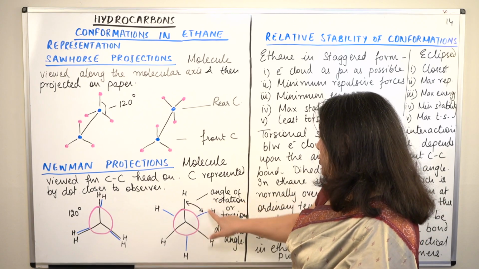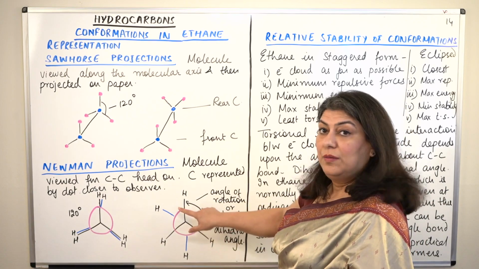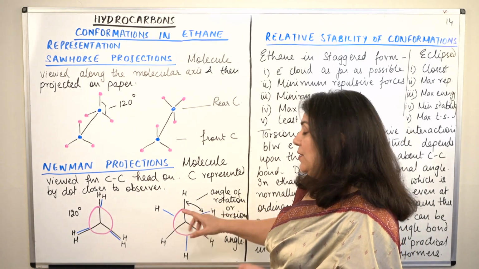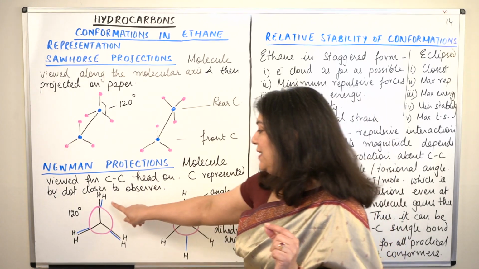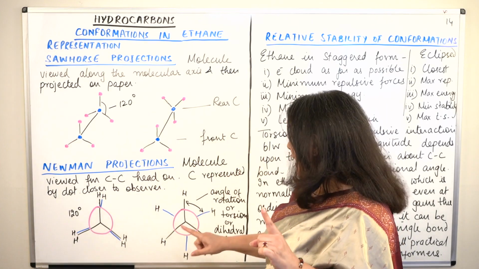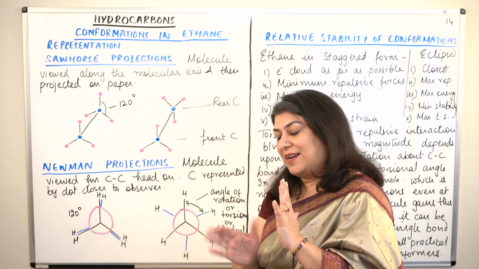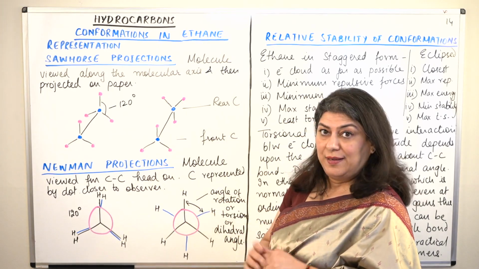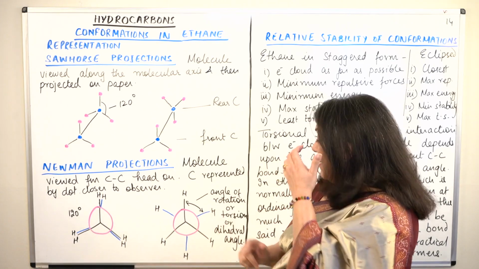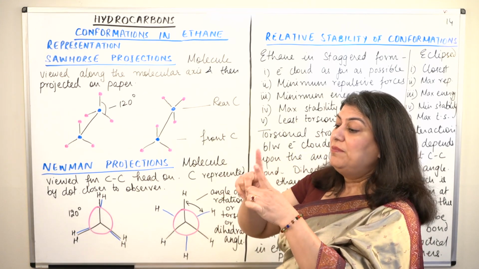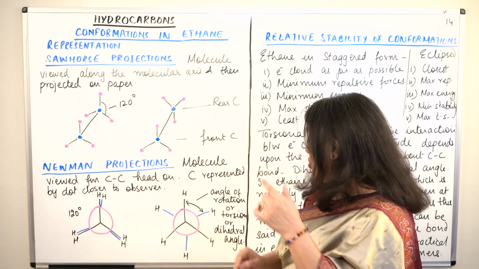For this angle of rotation, you can have two extremes. One is where it is parallel, and the other is where the angle keeps on increasing, which is the staggered conformation, the maximum angle. So minimum and maximum angle, or the maximum distance between the two hydrogens.